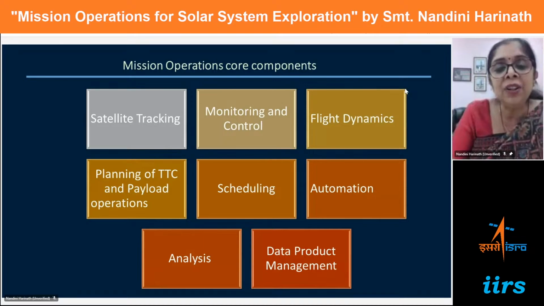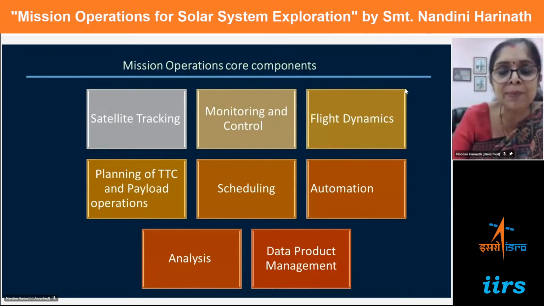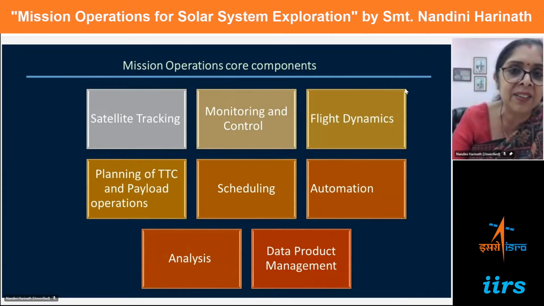So, just to summarize again, the key components that we have in the mission operations are the tracking. Obviously, if the satellite is around any planet or going towards the planet, it needs to be tracked. And we need to have a monitoring and control center, the place where we are right now, where the data is received from the satellite and analyzed.